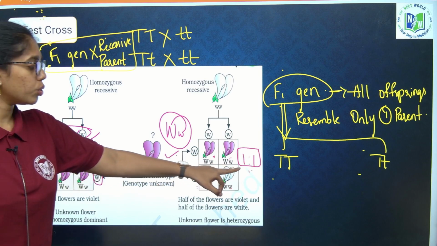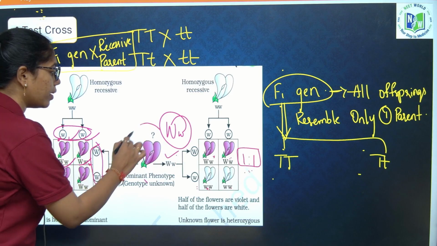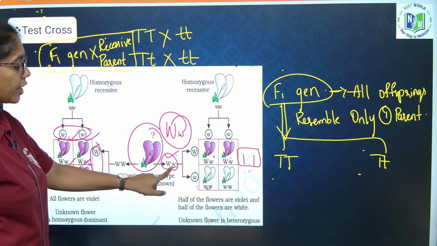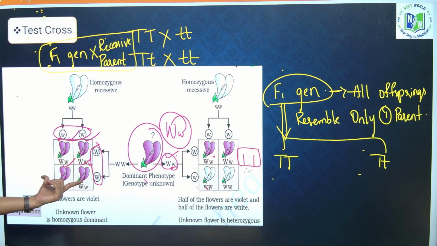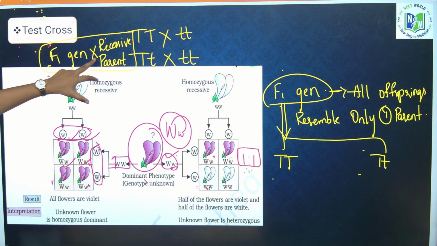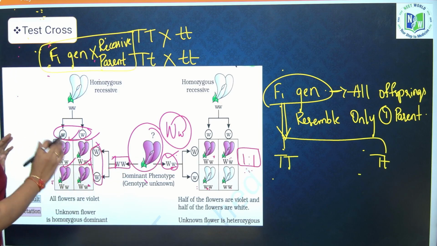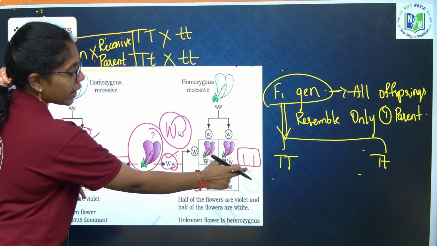When you observe a 1:1 ratio, the tested offspring has the heterozygous dominant genotype. When all the offsprings show only the dominant trait, then it is homozygous dominant. Clear? What is a test cross? The F1 generation or any organism crossing with a recessive parent is called a test cross. This is to identify the genotype. So yes, if the tested organism is heterozygous dominant, you will get a 1:1 ratio.